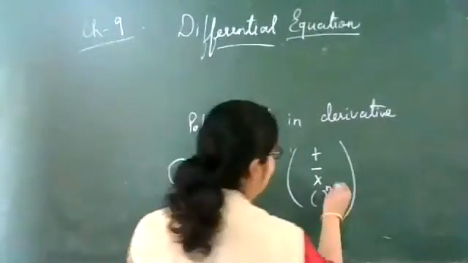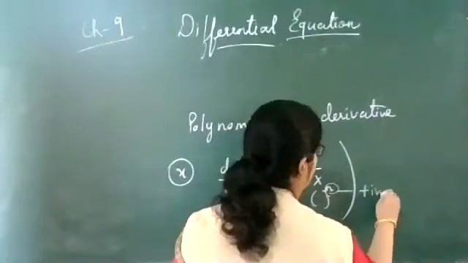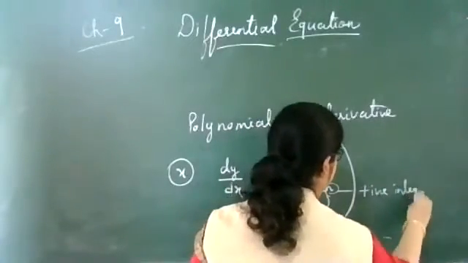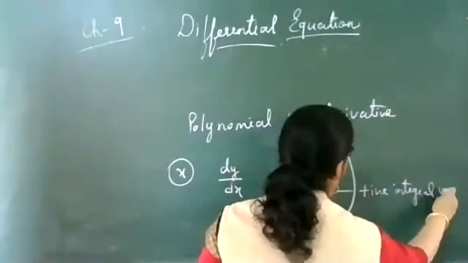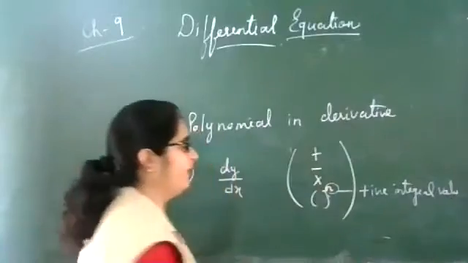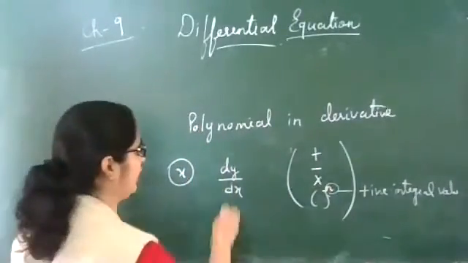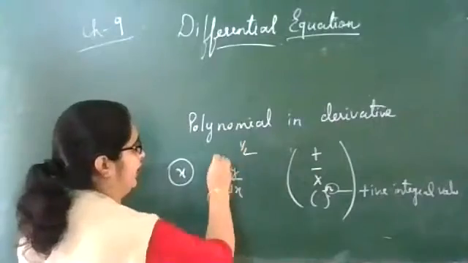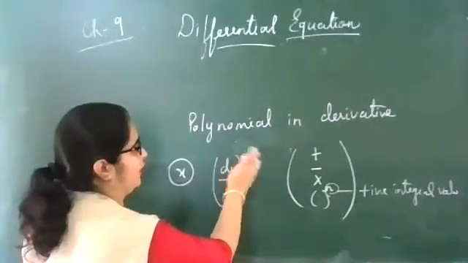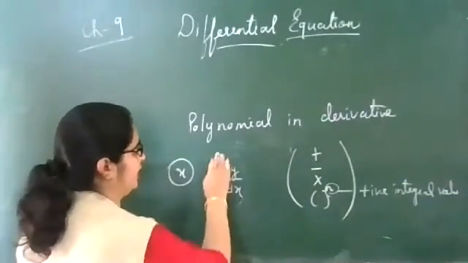Now this n can take any positive integral value. Now if I say root 2 will be integral value? No. If I take dy by dx to the power of half, no, it will not work. Why? Because it is not an integral power.